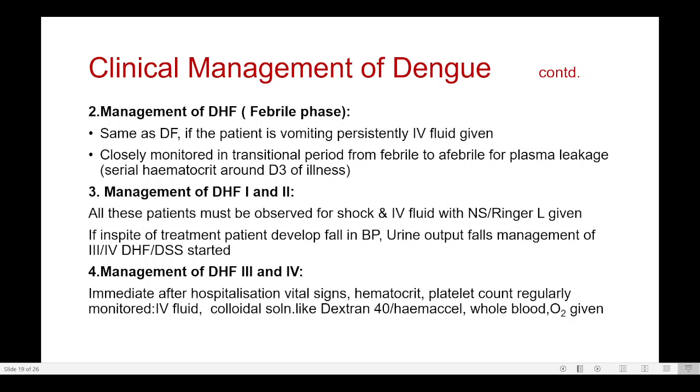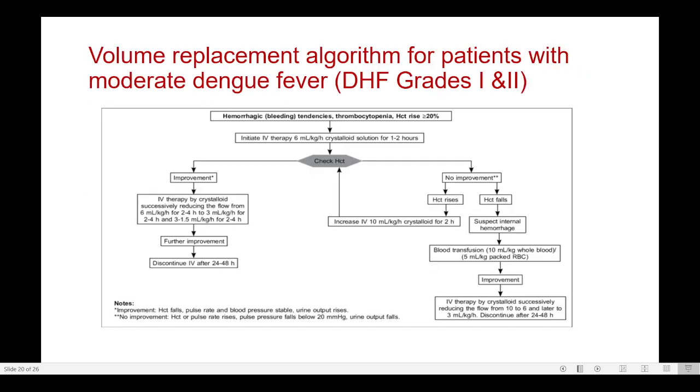And the mainstay of treatment is early initiation of IV fluid, close monitoring of the IV fluid, strict management of the patient with IV fluid, and also fresh blood and oxygen.